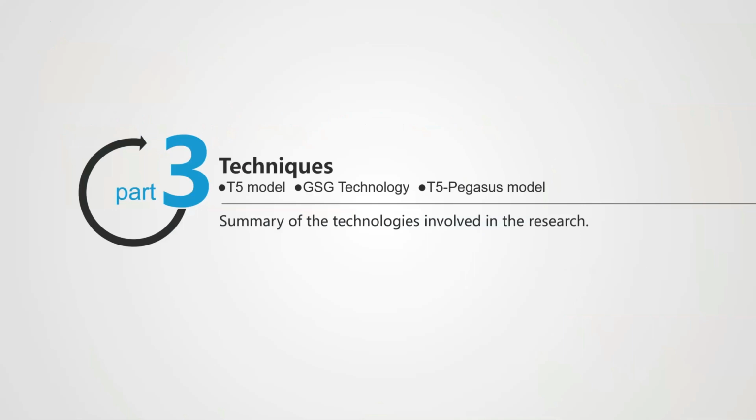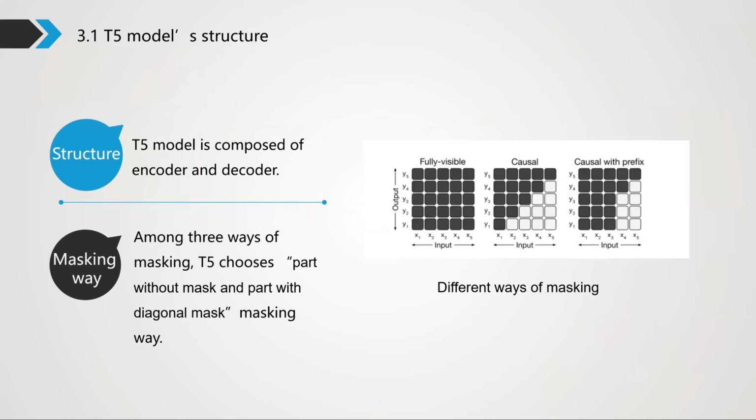Then I will talk about the techniques used in my research. The T5, which is short for the text-to-text transformer model structure, is still an encoder-decoder structure stacked by transformer layers.